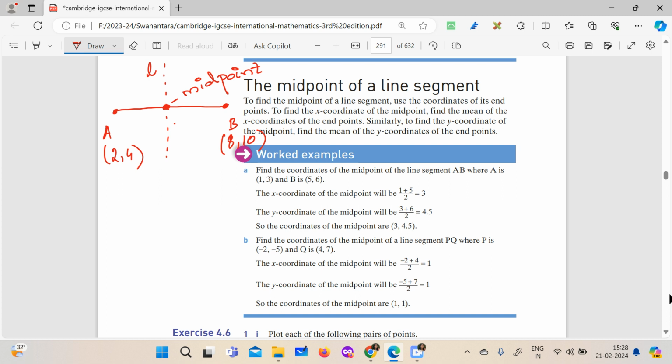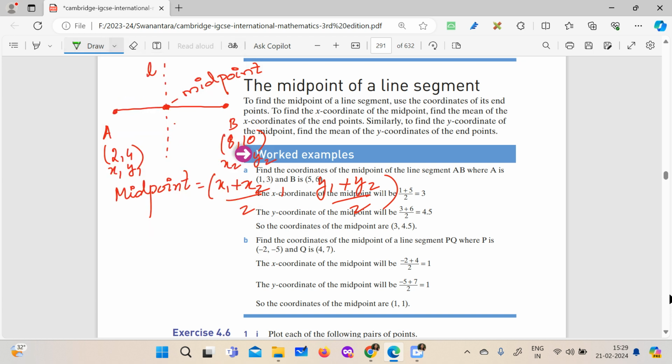The midpoint formula, to calculate the midpoint between 2 points, is x1 plus x2 over 2 and y1 plus y2 over 2. Let me say this one is x1, this is y1, this is x2, this is y2.